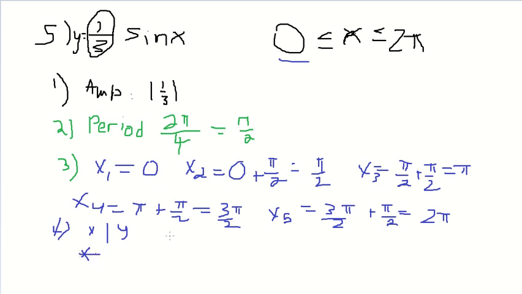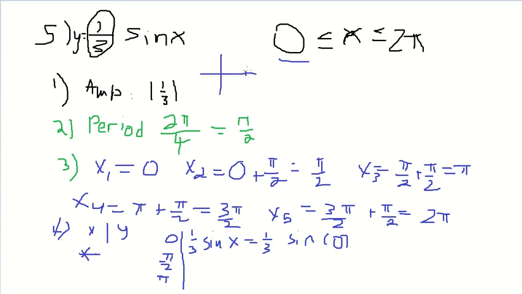So actually, let me write this like this. So 0, pi over 2, through pi. Basically to get the y value, we plug x into the equation. So we get 1/3 sine 0.